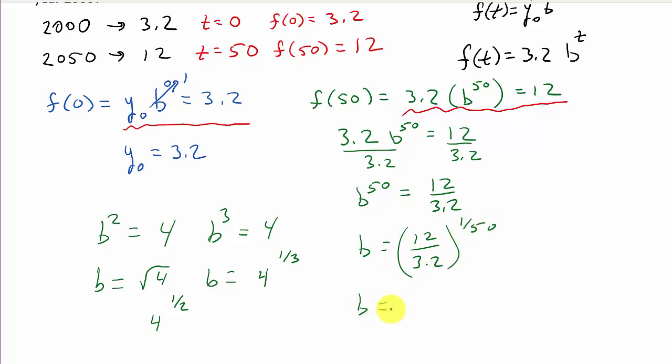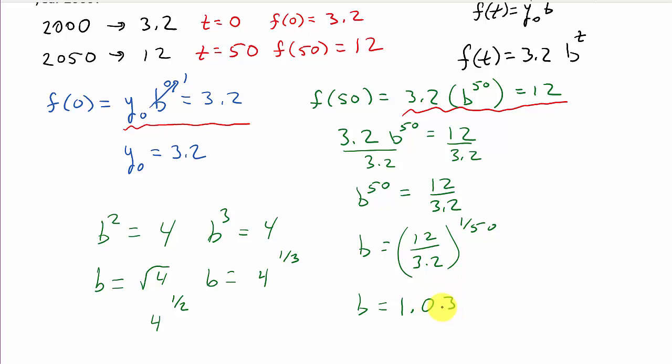And so b is equal to 12 divided by 3.2, raised to the 1 divided by 50, and I get this long number. It comes out to 1.026787624. Just for the sake of this video, I'm going to round it to 2 decimal places.